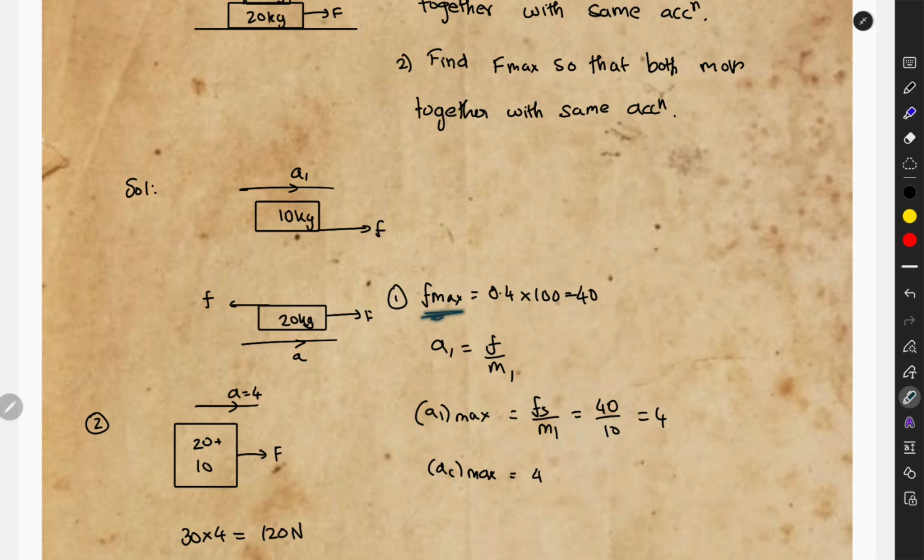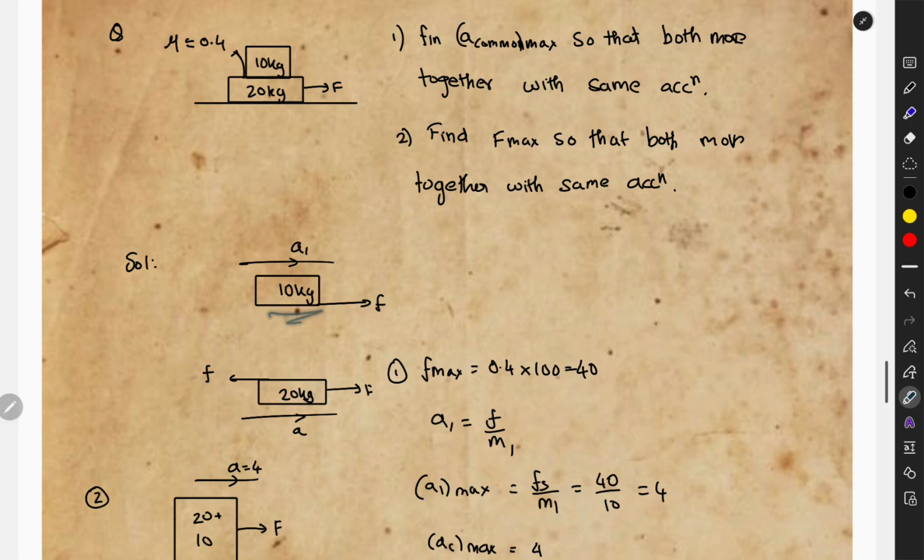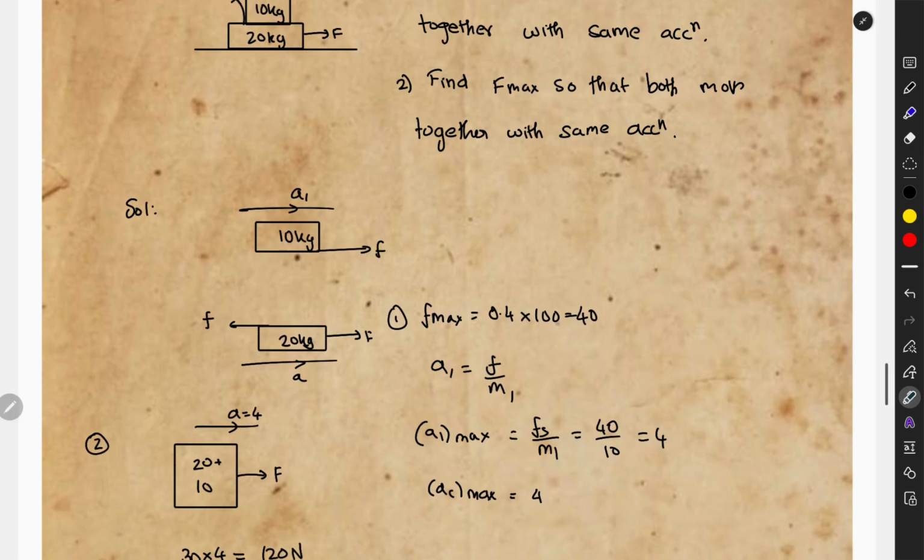At the moment when the friction is at its maximum, they will be moving with the same acceleration. So basically F by mass will be equal to the acceleration, when we want the maximum equation.